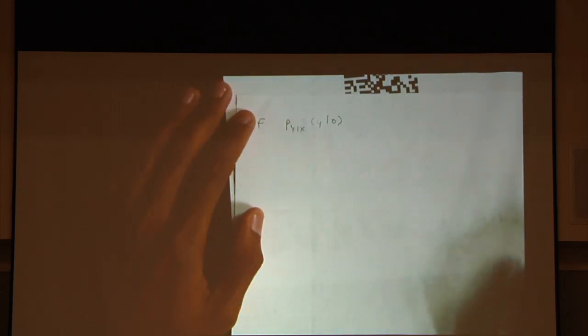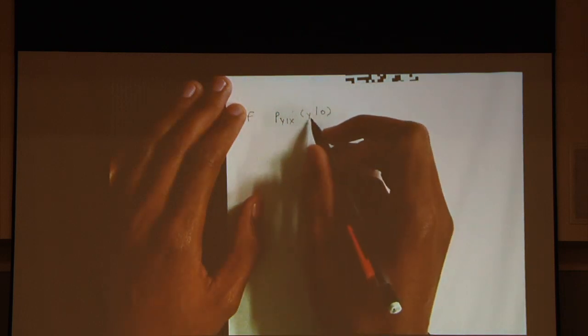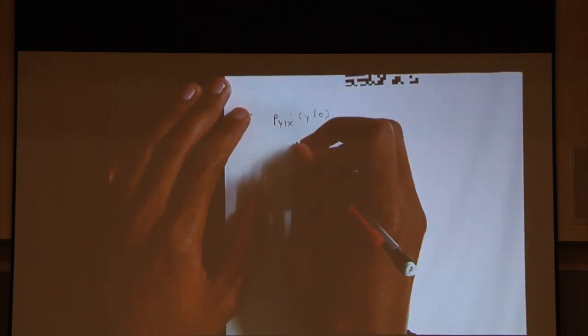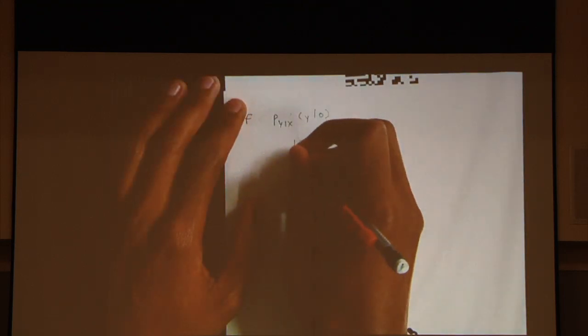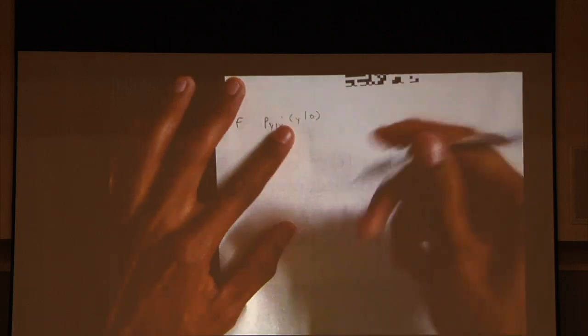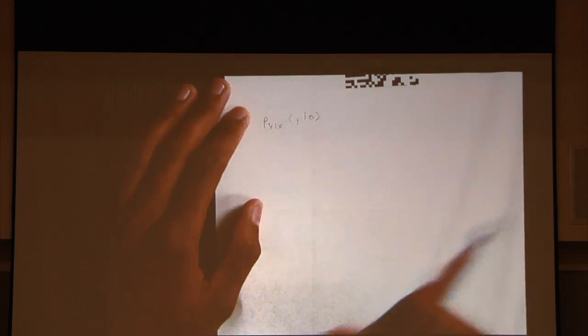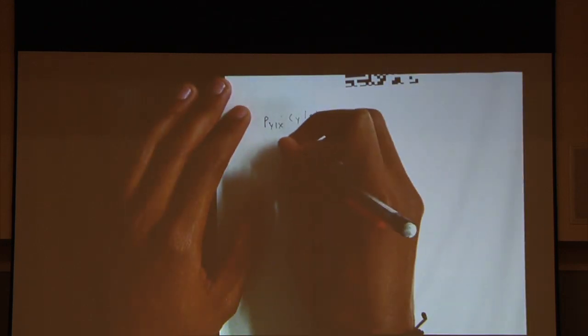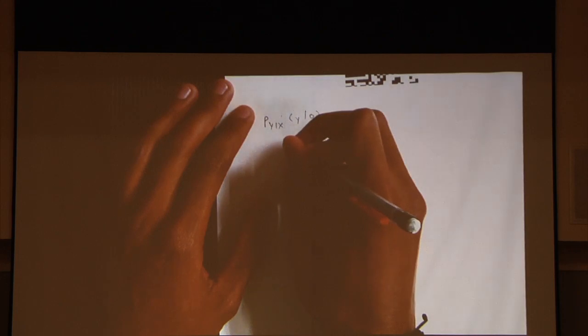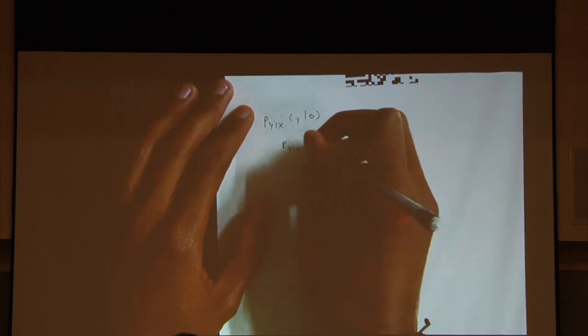So they want the entire probability mass function of y given that x is 0, right? So how do we find that? We have to actually do each case, right? So when y is 0, when y is 1, when y is 2. So I'll do when y is 0 first.